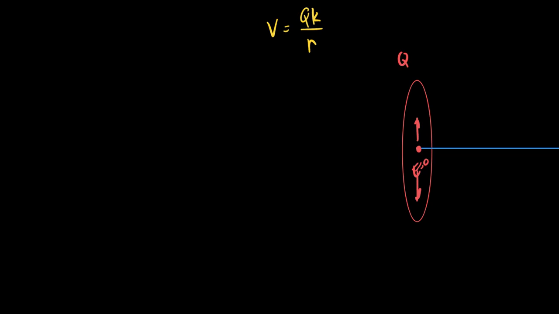Can't we break the ring up into little pieces of charge? Didn't we get trained on how to do that? Can't I say that this is a piece of charge, dq? I'm bringing this up because we did this problem already. It looks like this. There's no reason why we can't do it like that here, right?